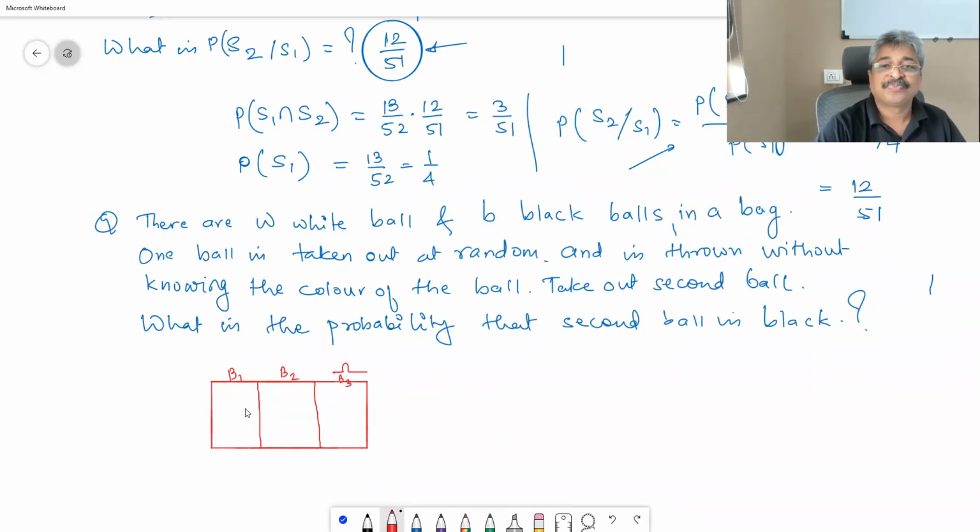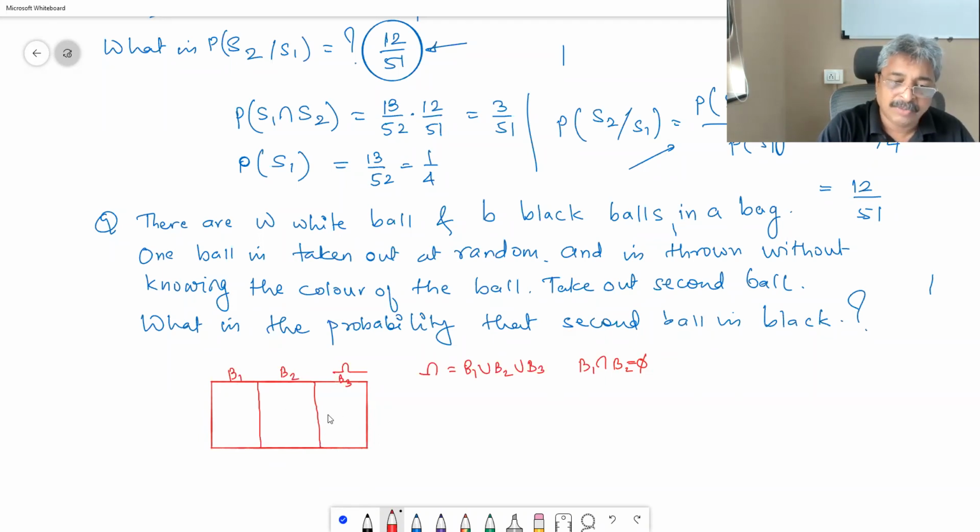They are mutually exclusive, collectively exhaustive. So omega is B1 union B2 union B3, and B1 intersection B2 is empty. Suppose there are three events, B1, B2 and B3.